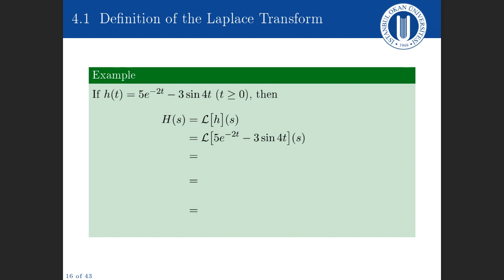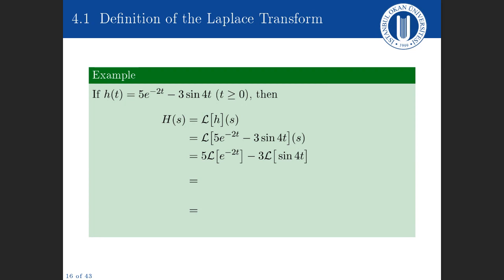I want to find curly L, or the Laplace transform of 5e to the power minus 2t minus 3 sine 4t. And because the Laplace transform is a linear operator, we can split this up into 5 Laplace transform of e to the power minus 2t minus 3 Laplace transform of sine 4t.